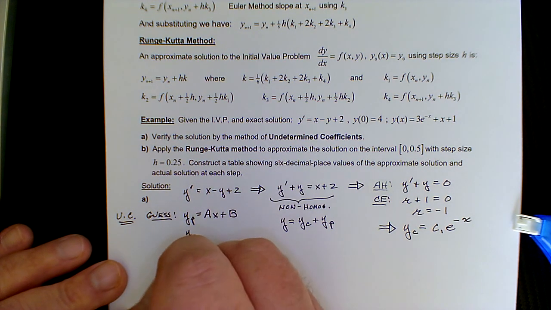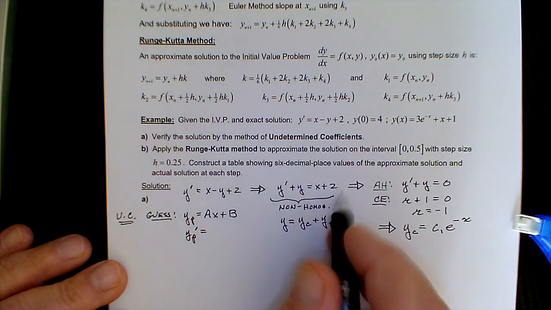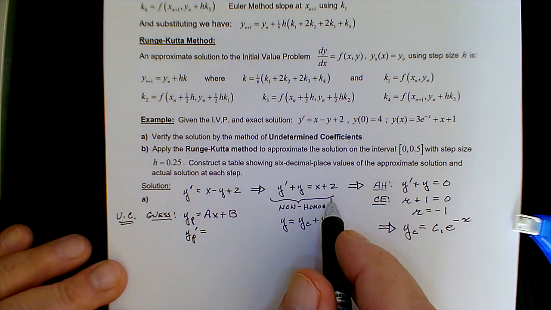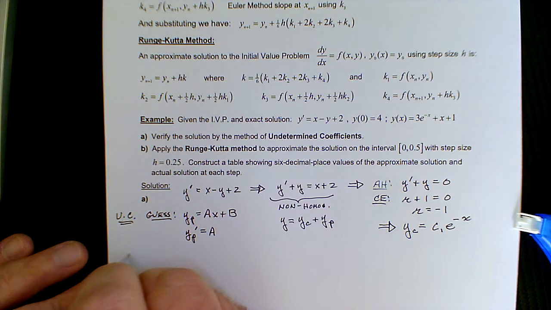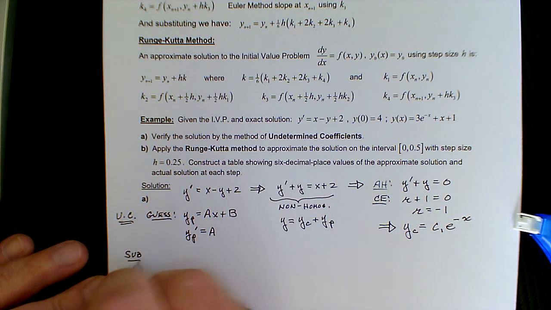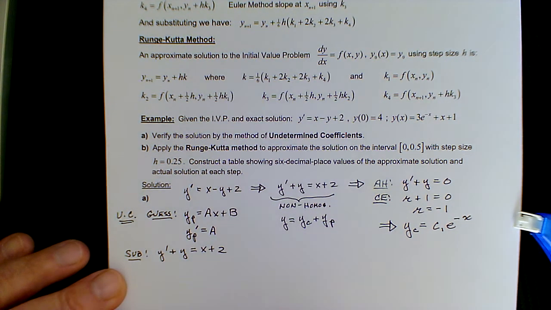Excuse me. We'll have to take a derivative because we're going to find a and b by substituting into our differential equation. So y sub p prime is a. Okay, then our substitution, I'll rewrite it, y prime plus y equals x plus 2.